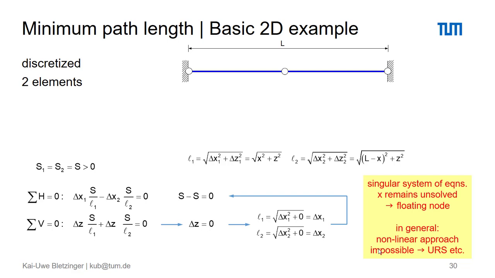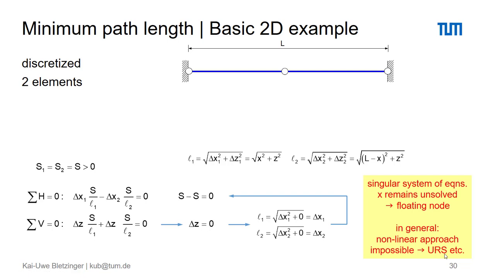Only one equation makes sense, which is normal to the surface, and the other two equations, which treat the tangential movement or the tangential positions of the node, are useless, and the node can really freely float tangentially on the surface.